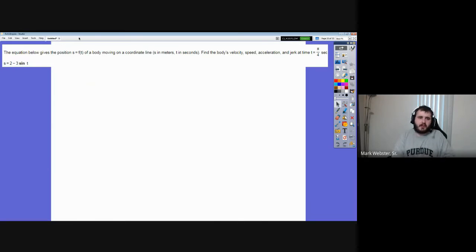So it's saying that the position s is a function of time. So from now on, you can be talking about s or f of t. They mean the same thing. Of a body moving on a coordinate line, s in meters, t in seconds. So what we want to find is, and I'm so excited they included, velocity, speed, acceleration, and jerk.